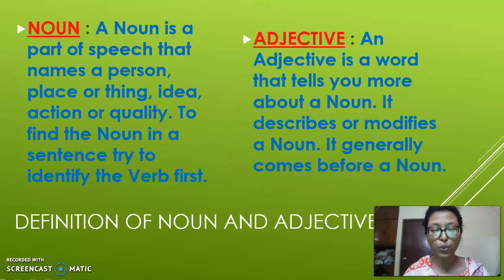Now, as I told you, we will be discussing each and everything, like what is a noun and what is an adjective.